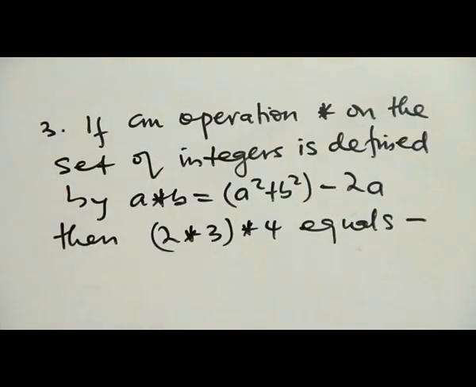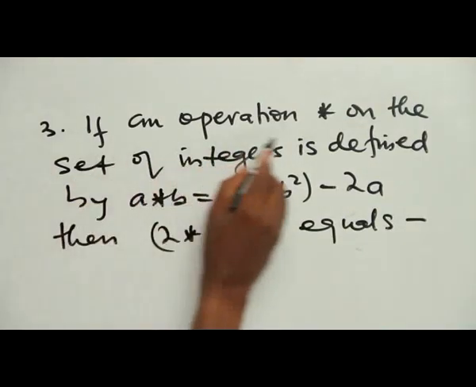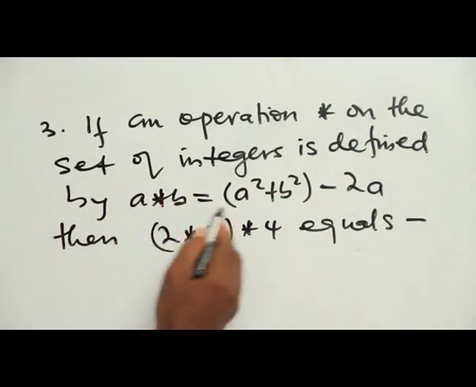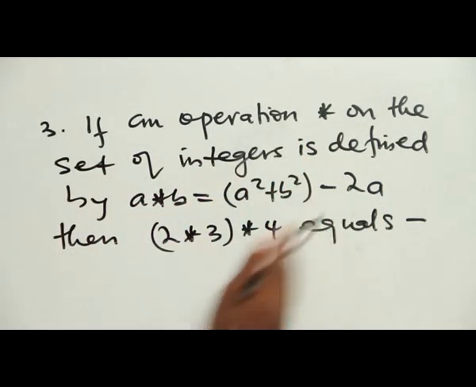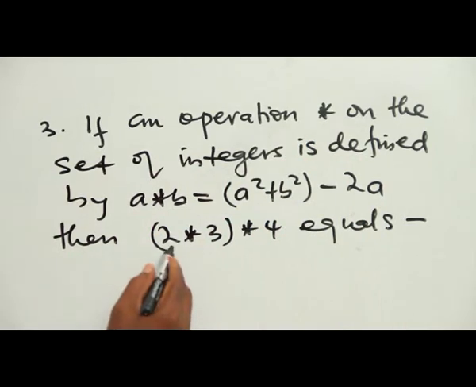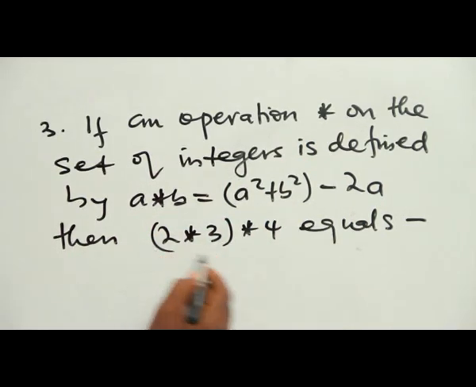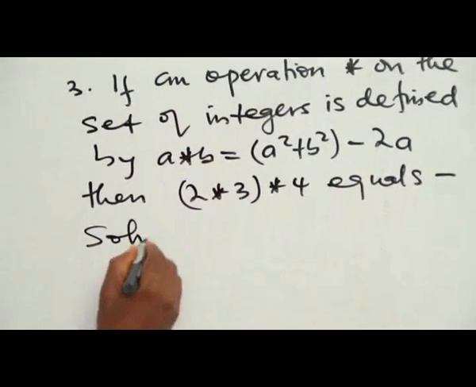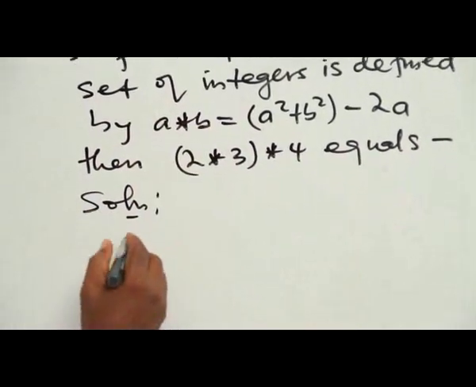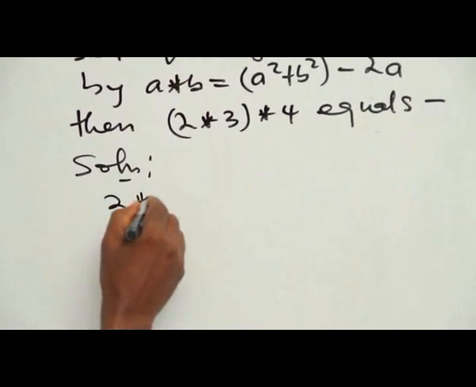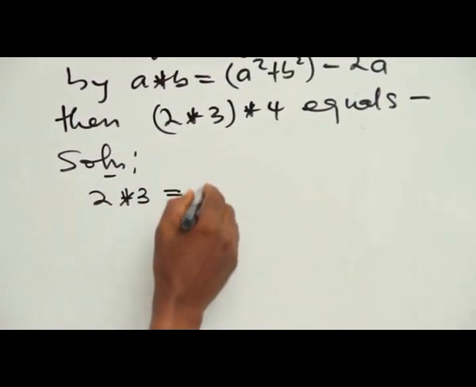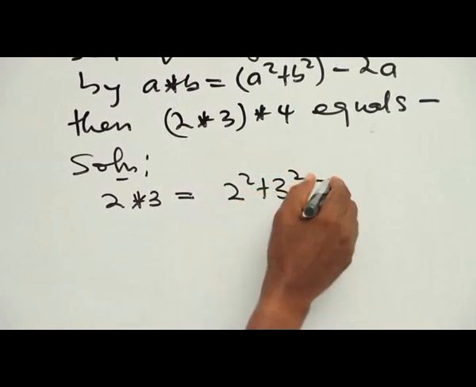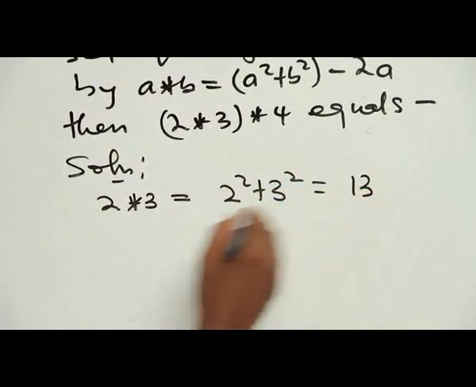Example 3. If an operation star on the set of integers is defined by A operated on B equal to A squared plus B squared minus 2A, then 2 operated on 3 in brackets operated on 4 equals dash. Solution. We have here 2 operated on 3 first, and that will be equal to 2 squared plus 3 squared, 4 plus 9 is 13.